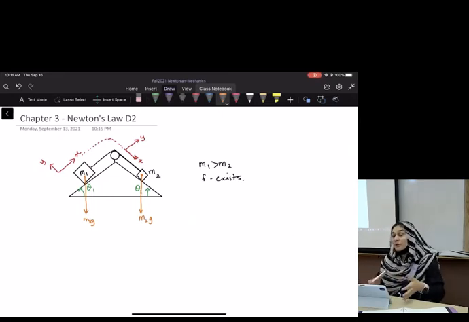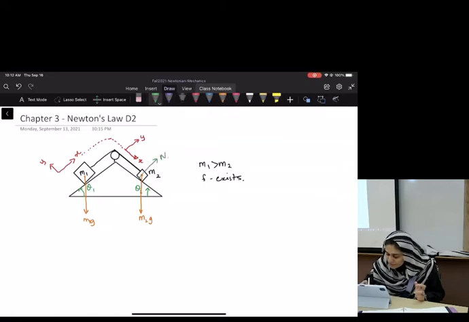Whether it be a buoyant force acting because the water is there, or a force acting on a table or a floor or something. So the normal force, green. And the normal force starts from this surface and goes up. I'm going to call this N2, and this starts from here, N1.